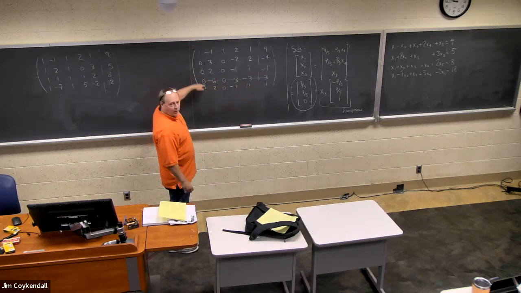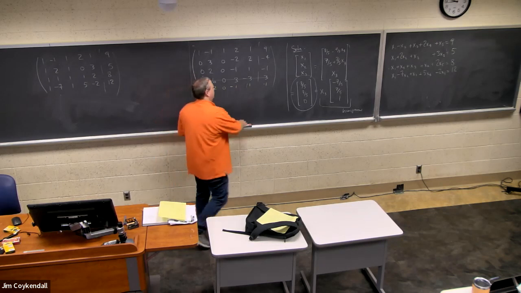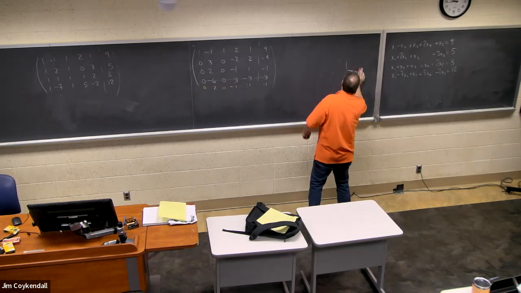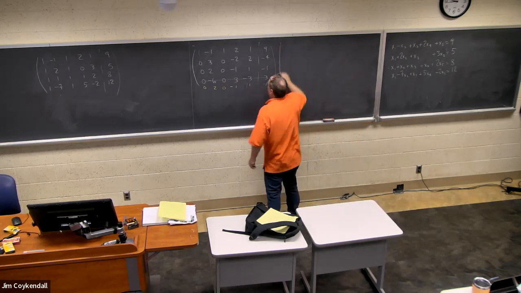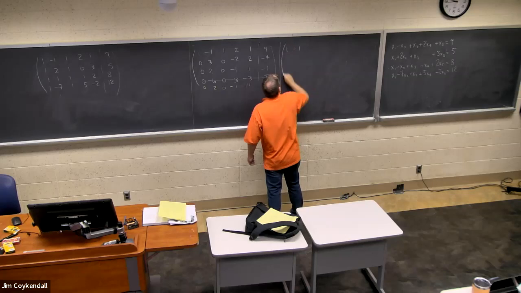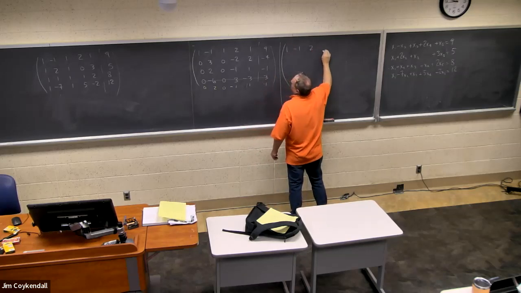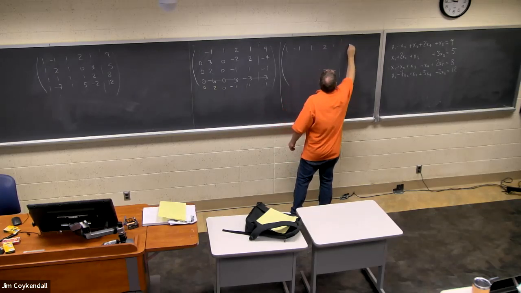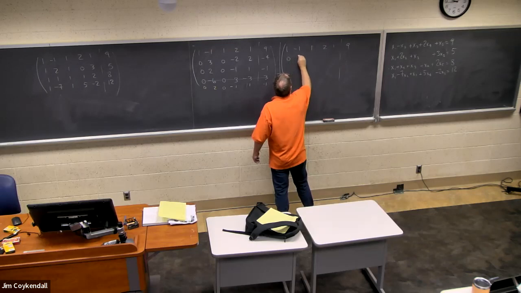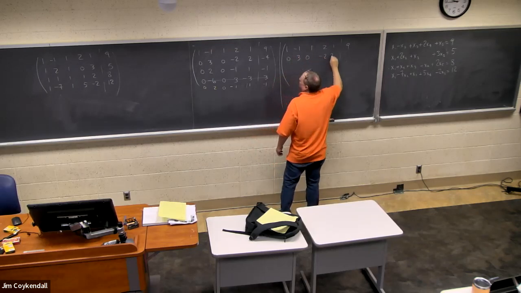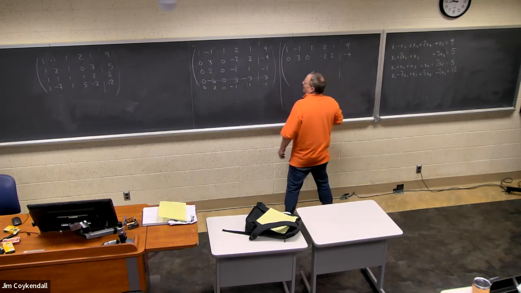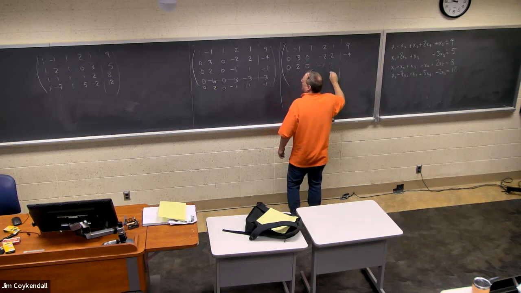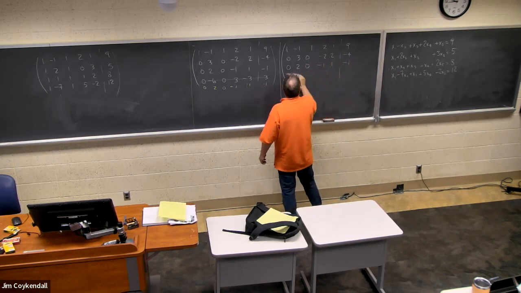And notice these two rows are the same, so I can take that out. And this brings me to 1, minus 1, 2, 1, minus 1, 1. 2, 1, 9. 0, 3, 0, minus 2, 2, minus 4. 0, 2, 0, minus 1, 1, 1, and a row of zeros.